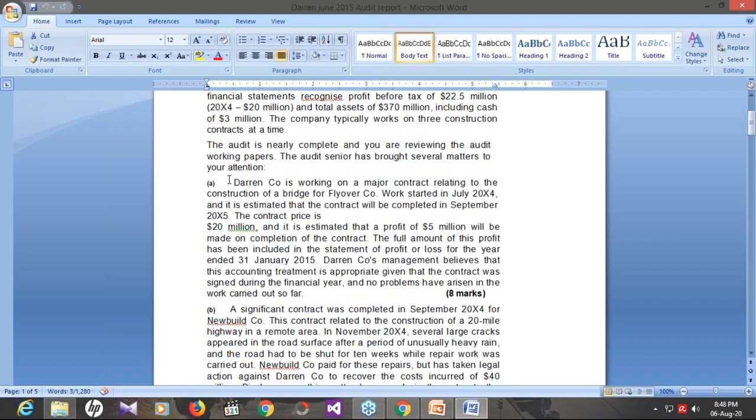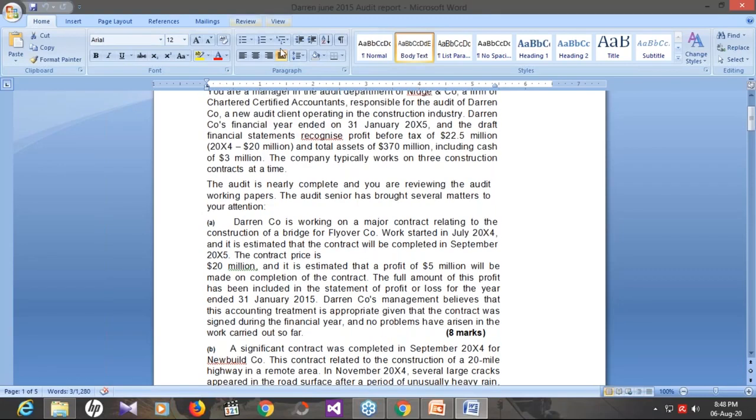You can see Darren Co is working on a major contract relating to the construction of a bridge or flyover. Work started in July 20x4 and it is estimated that the contract will be completed in September 20x5. And you can see that the year end is 31st January 20x5.